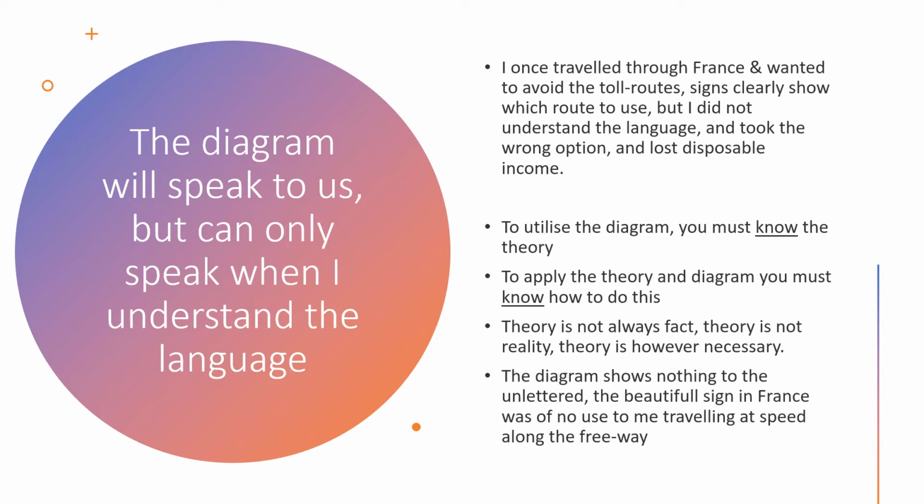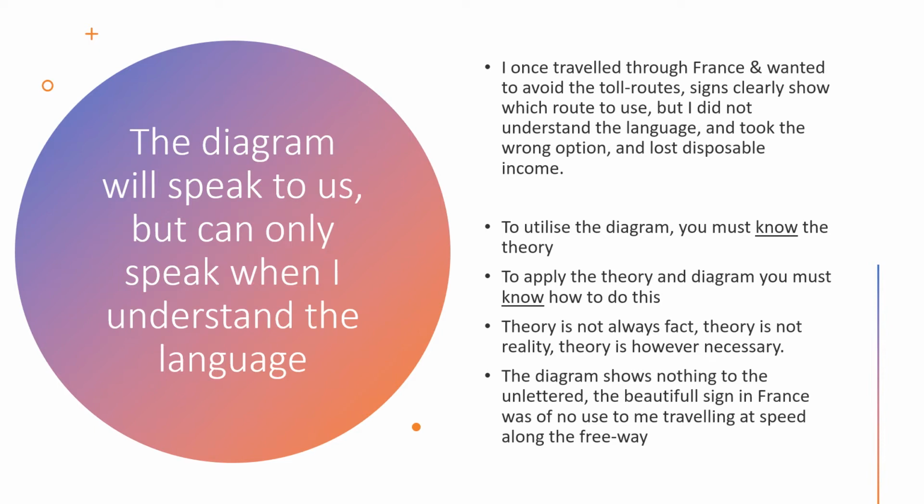But let me put it simply. When I traveled through France, I wanted to get to a ferry, and I also wanted to avoid the toll routes. I knew and had been told that toll routes were expensive in France. Now, while this was beautifully signposted on the freeway, I could not understand the language.